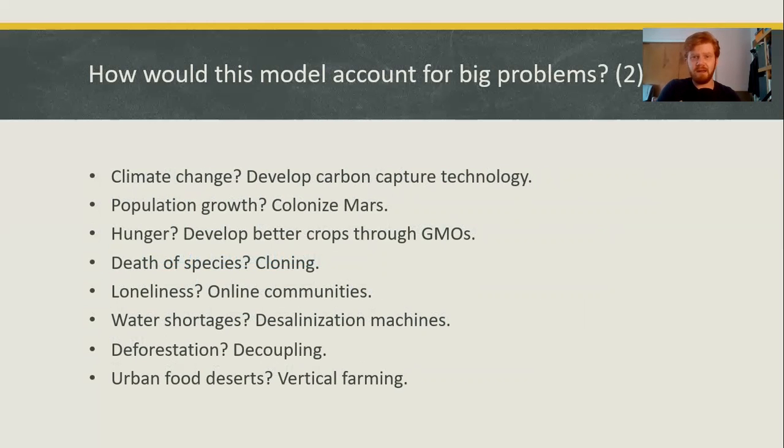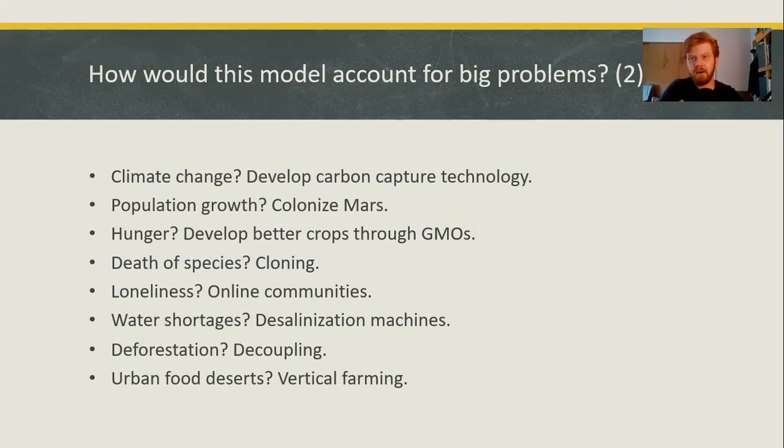Climate change. Develop carbon capture technology. Create these devices that pull carbon out of the air and release oxygen so that the devices we have that are presently harming the planet do no harm. Or better yet, if you're concerned about the gasoline engine, develop an electric one that's cheaper, because if it's cheaper, people will use it. What about population growth?